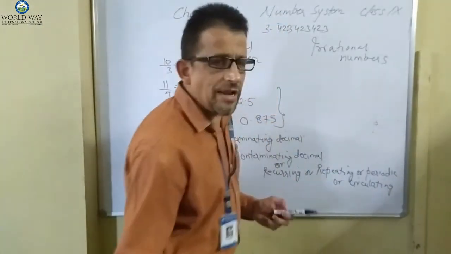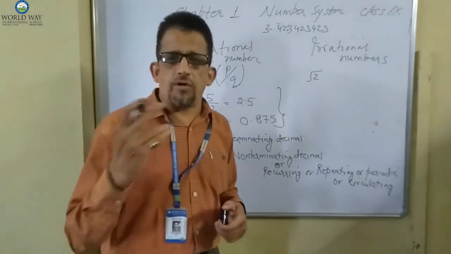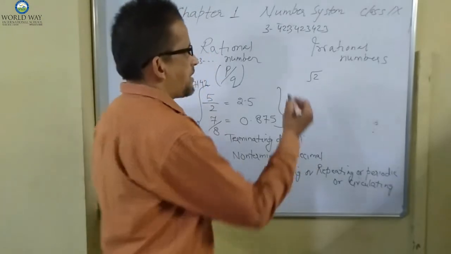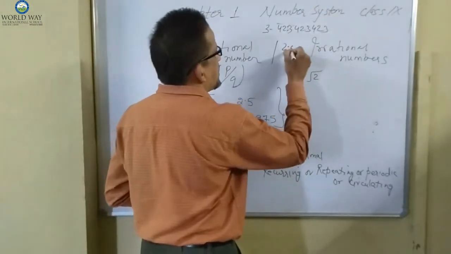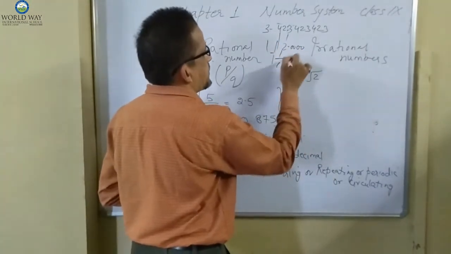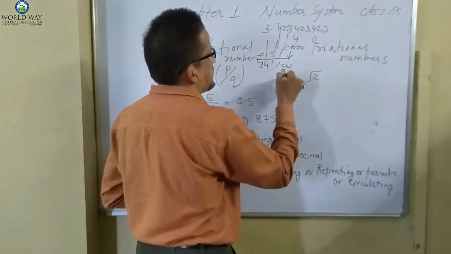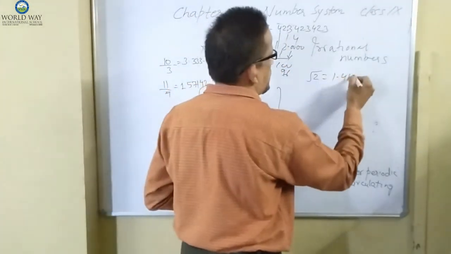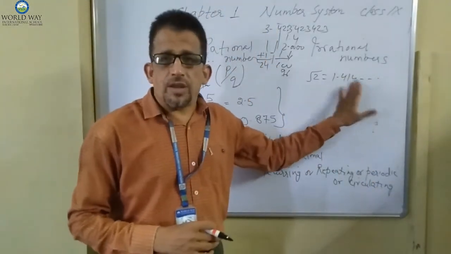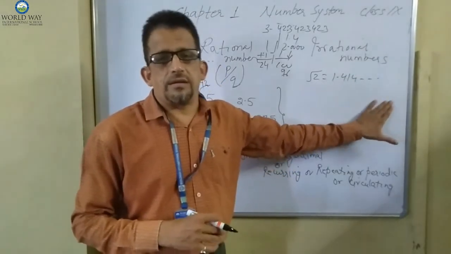When you find the value of square root 2 by the long division method, which you have already learned in class 8 in the square and square root chapter, by following this rule, 1 ones are 1, then pair 1 plus 1, that is 2, 4, 496, like this, you will get 1.414. So you get a decimal expansion which is non-terminating but non-repeating.